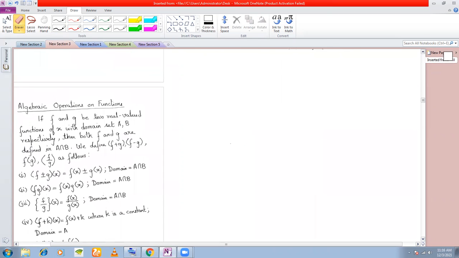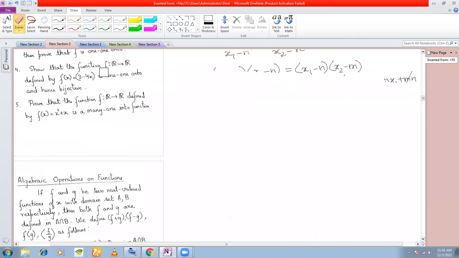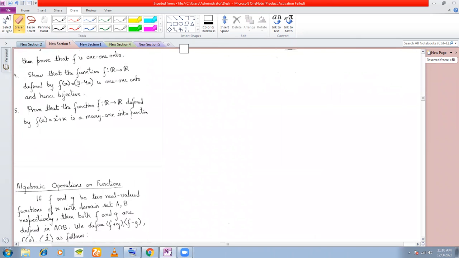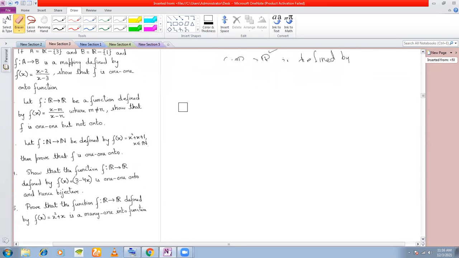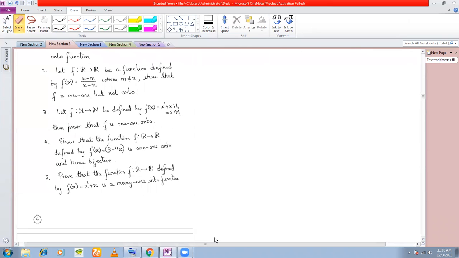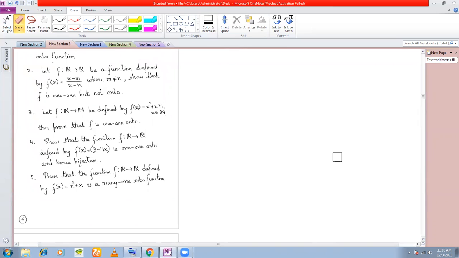We will now see the third question. Look at the third question. Let f from N to N be defined by x square plus x plus 1, x belongs to N. Then prove that f is 1 to 1 and onto.